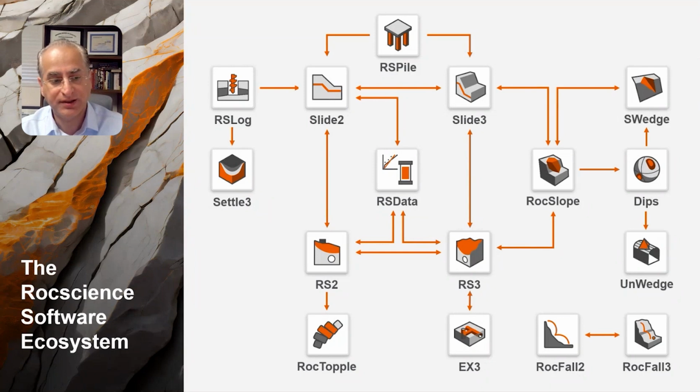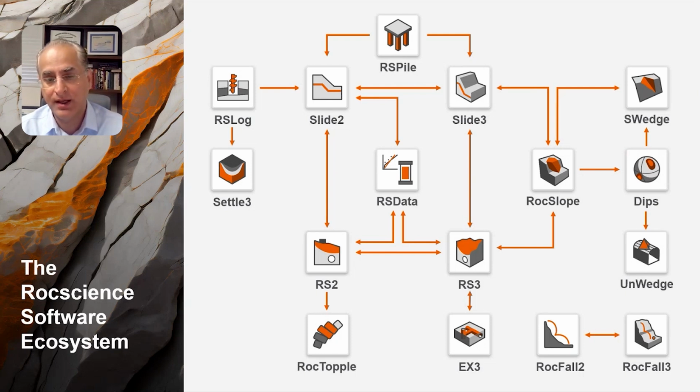In terms of the ecosystem of Rocscience products, programs talk to each other and share data. So the way it works, maybe one program does the analysis, and then from that point, another program can take up what that program finished and just do another type of analysis. With RSLog, we've integrated it with Slide and Settle.